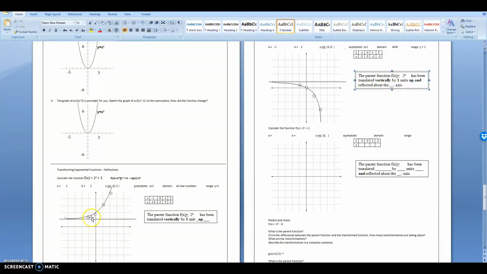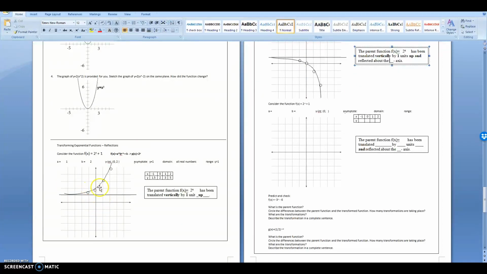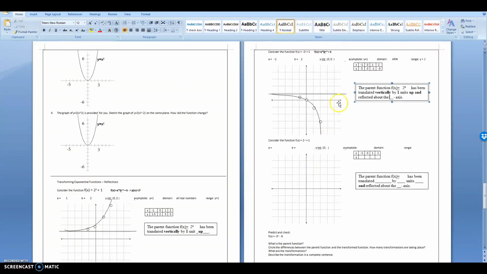And it's been reflected. So let's compare. Which axis did it reflect about? Is it like this, or is it about the y-axis that way? It should be the x-axis.